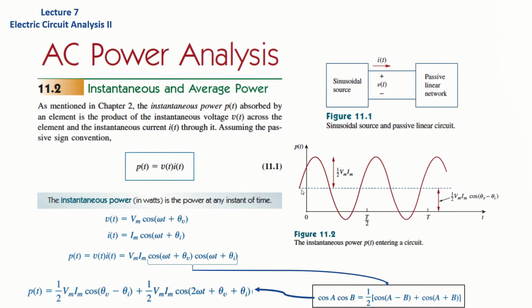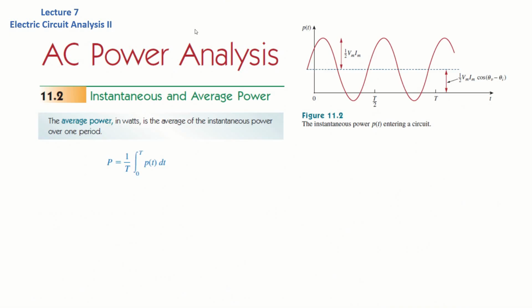This dotted line denotes the DC part, and the sinusoid oscillates around this constant value.